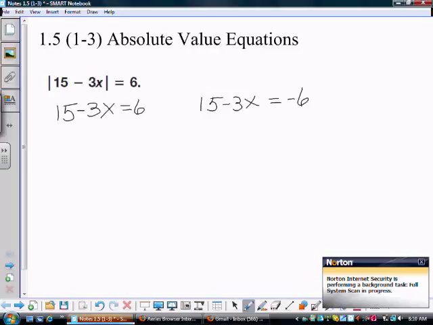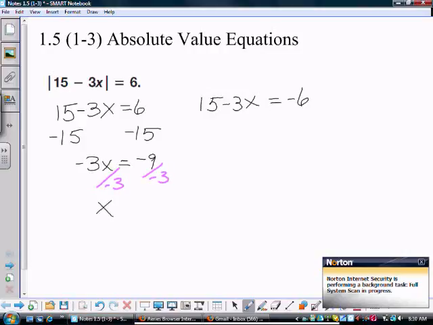So we solve two equations. First equation, I think I'll just subtract 15 from both sides of the equal sign and get negative 3x is equal to negative 9. Divide by negative 3, sorry, and get x equals 3 as one of my solutions.